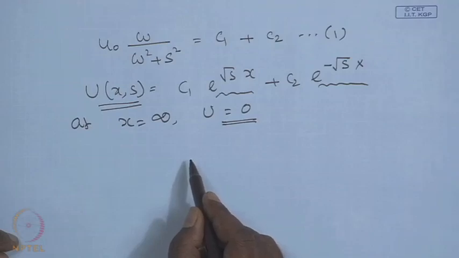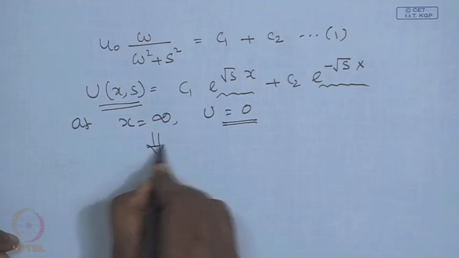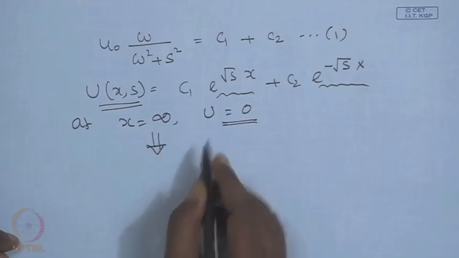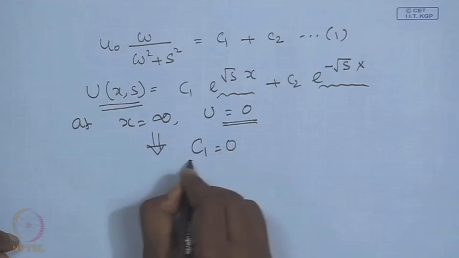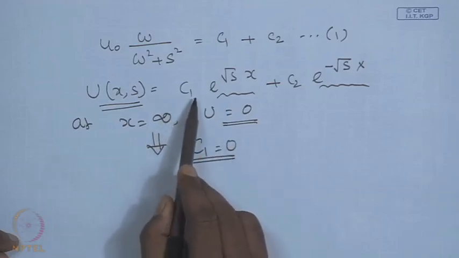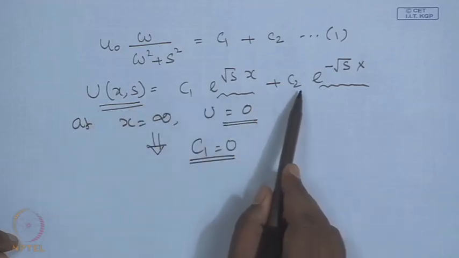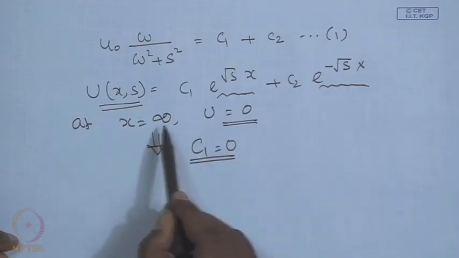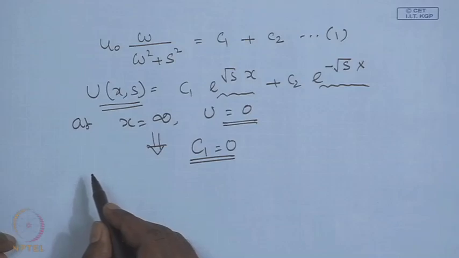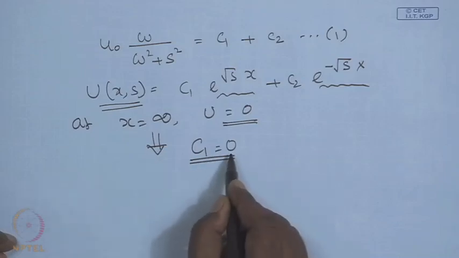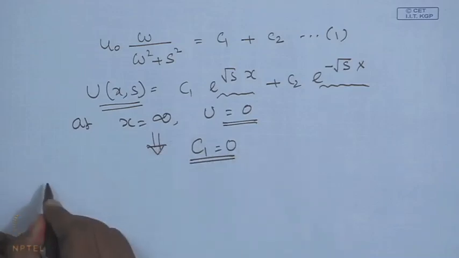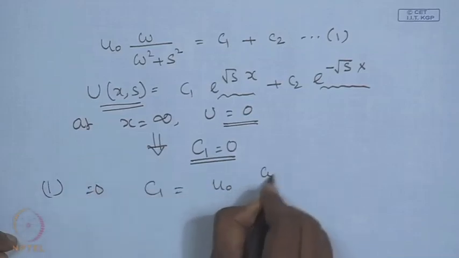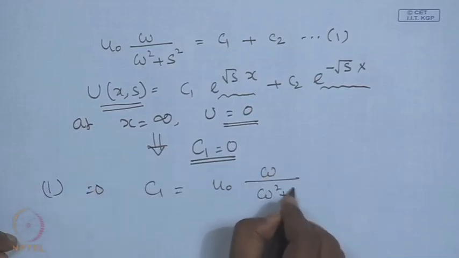In order to avoid that, the final form of the solution must have C1 is equal to 0. If C1 is equal to 0, then the solution will be finite. When we write the boundary condition x is equal to infinity, u becomes finite or 0. So, therefore, C1 becomes 0 from the other boundary condition. So, from 1 we will be getting C2 is nothing but u naught omega divided by omega square plus s square.